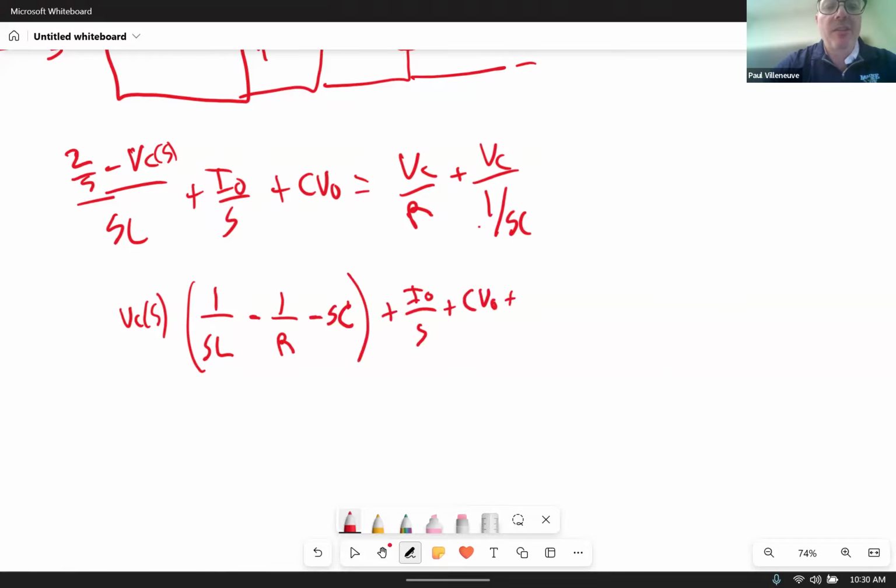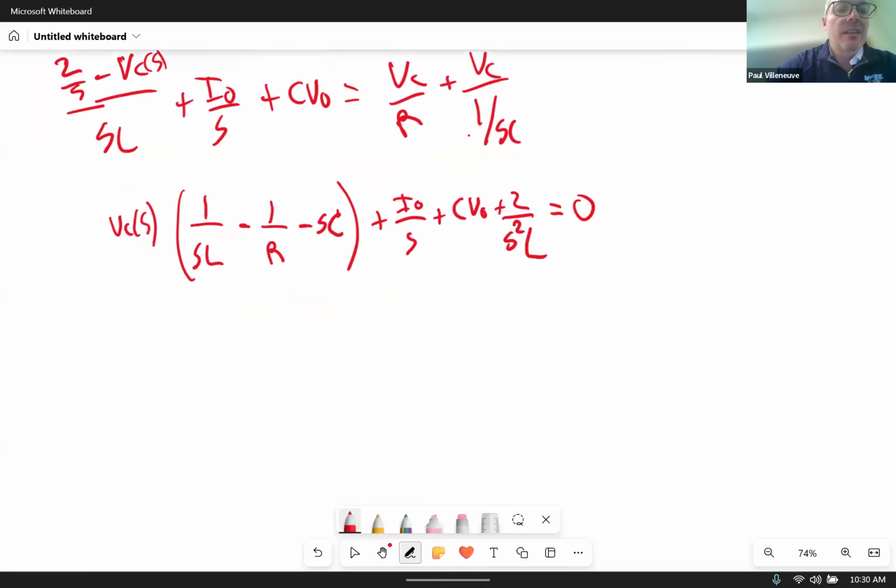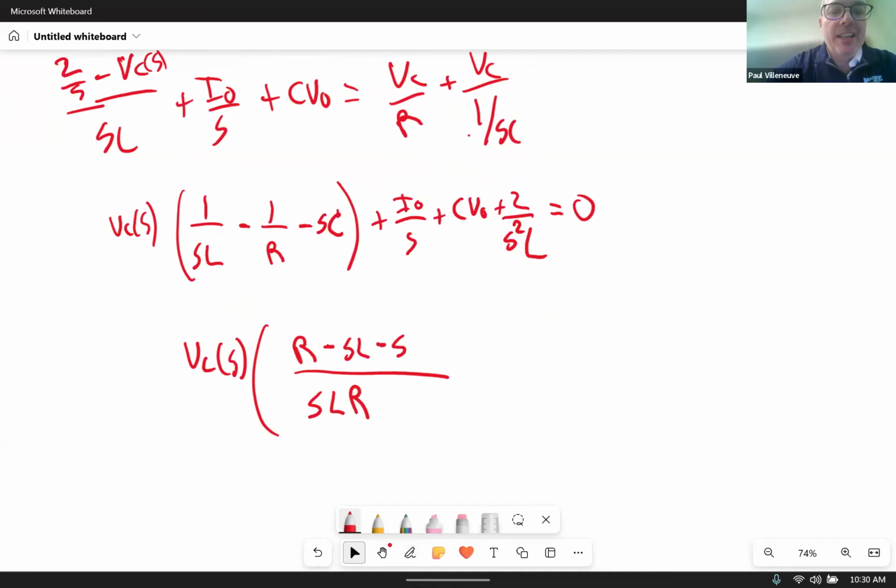So that becomes plus 2 over S squared times L. And that's going to equal 0. So VC of S times, now let me put this under a common denominator, SL times R. So I've got R here minus SL minus S squared CLR.